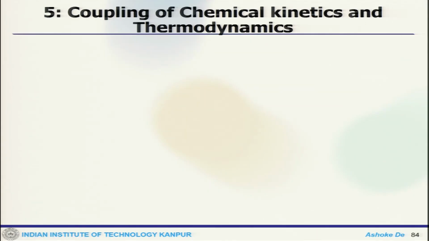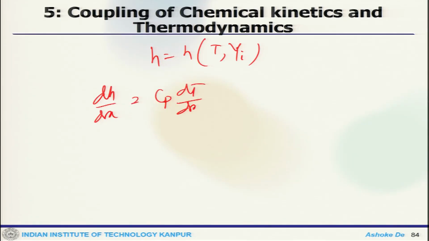Using the ideal calorific equation, where h is a function of temperature and the mass fractions, dh by dx can be related with Cp dT by dx plus the summation over i from 1 to n of hi dYi by dx. So, this is 5.46.